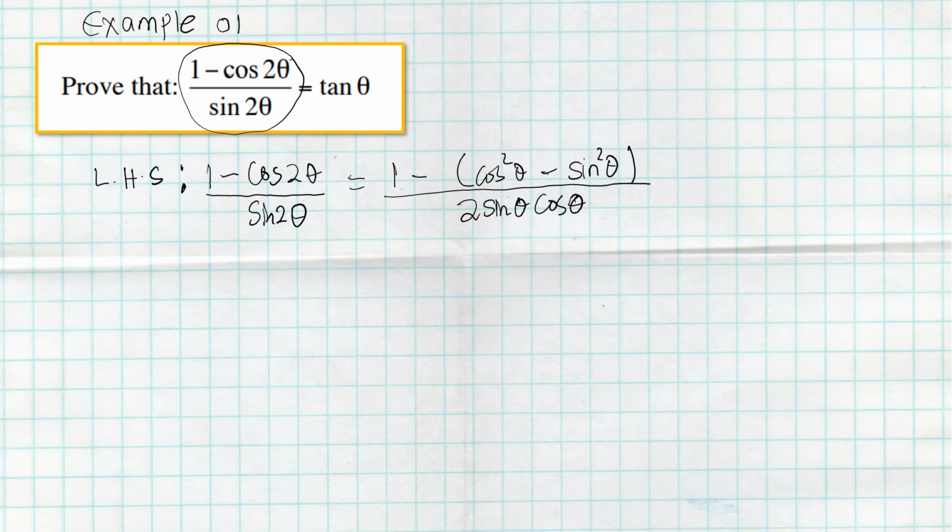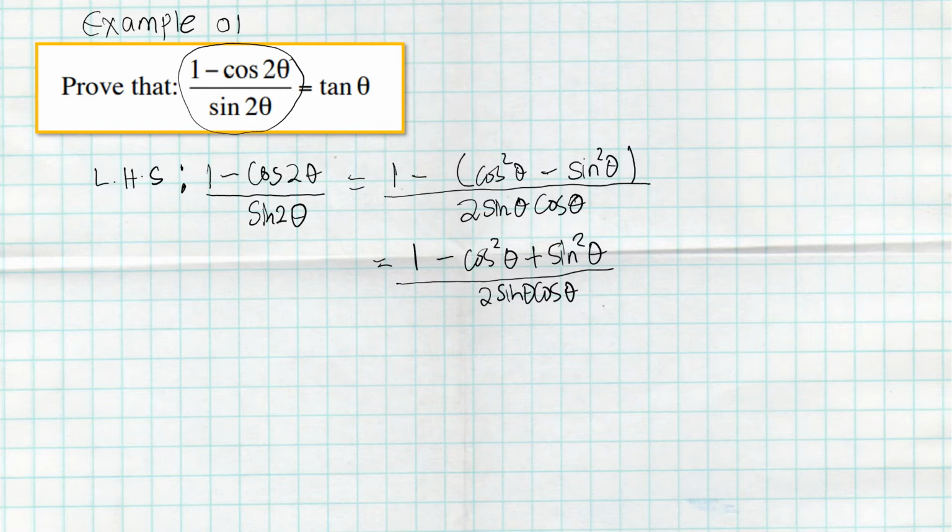Okay, so now let's see, we're going to remove the brackets, so it becomes minus cos squared theta, negative and negative sign, plus sine squared theta, all divided by 2 sine theta cos theta. Look at this now. You have 1 minus cos squared theta plus sine squared theta.